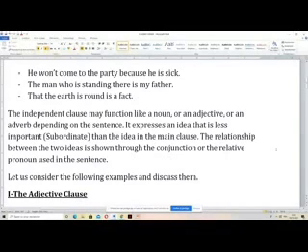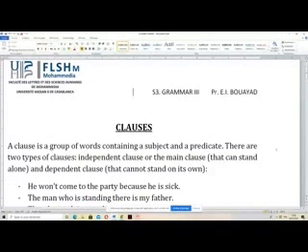Okay. So here, what is important? As I said, a clause is a group of words containing a subject and a predicate. And of course, what is important to know is that there are two types of clauses: clauses that we call independent, or the main clause, that can stand on their own, and clauses that are dependent and cannot stand on their own.